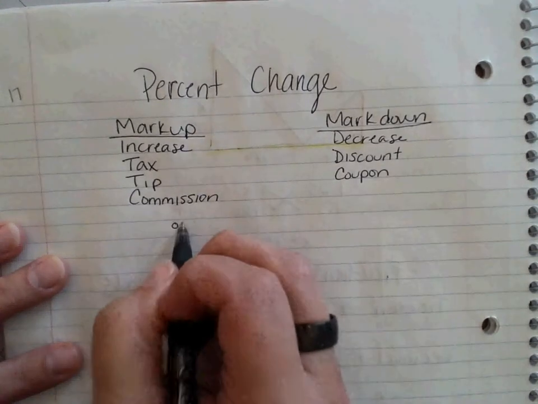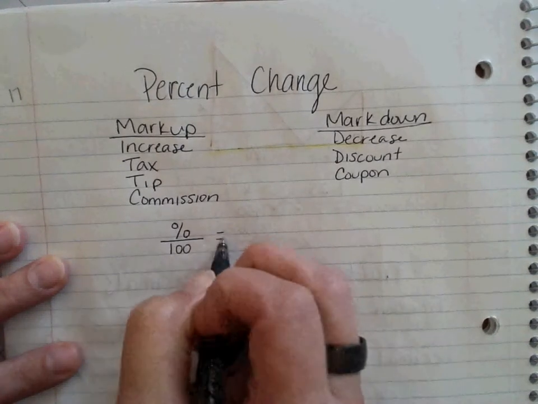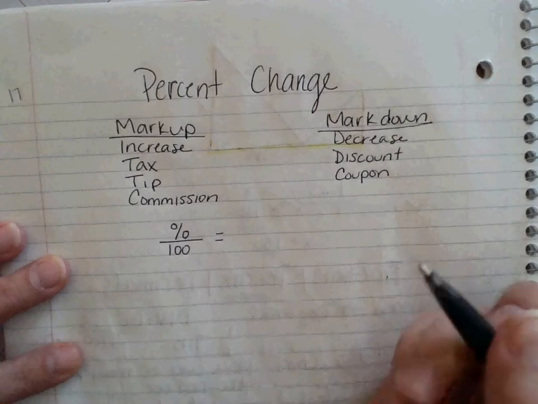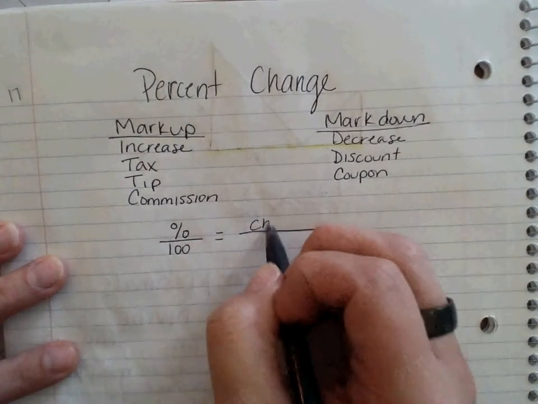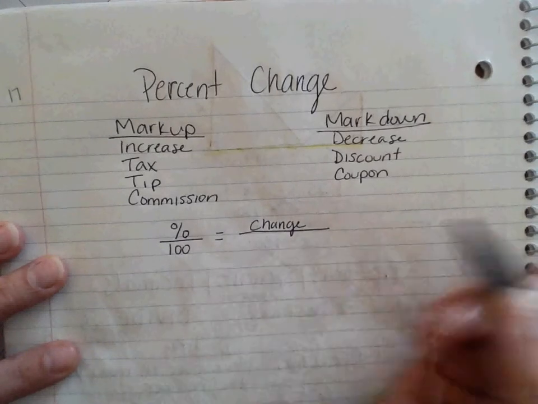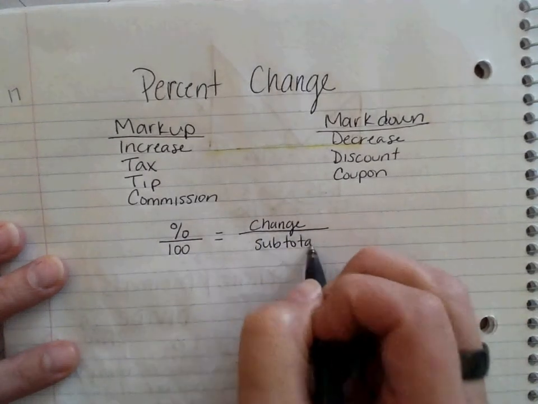We do our percent over 100 equals, this is starting to look like a proportion, our change over our subtotal.